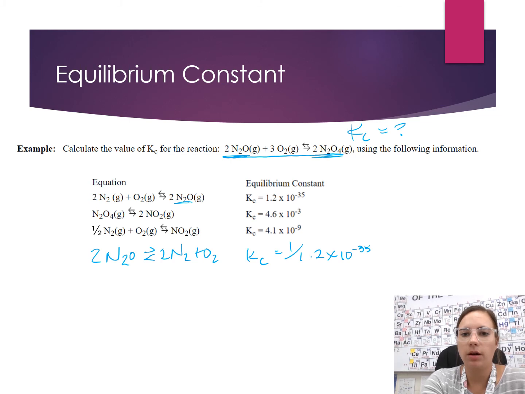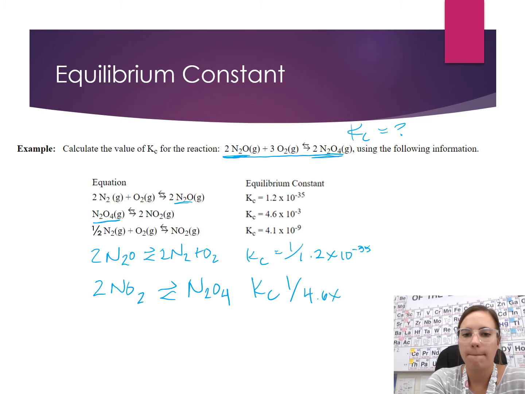Now here N2O4 is a product. Well, N2O4 is a reactant here. So I'm going to also reverse equation number 2, which means that I'm going to do the reciprocal of the K value.